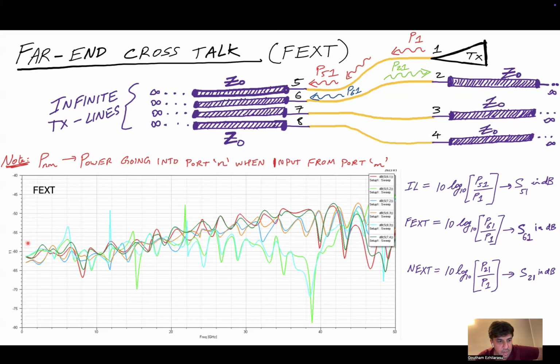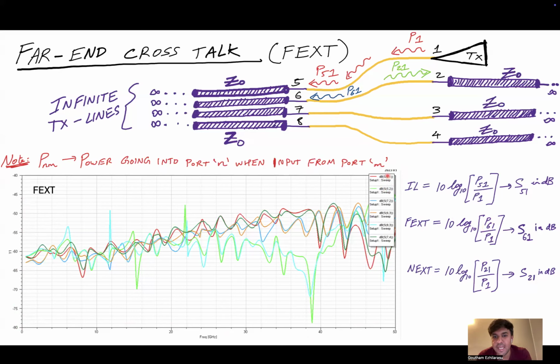And here you see the plot of the crosstalk value in dB versus frequency. Here I plotted S61, which is just the far end crosstalk, not the near end crosstalk.